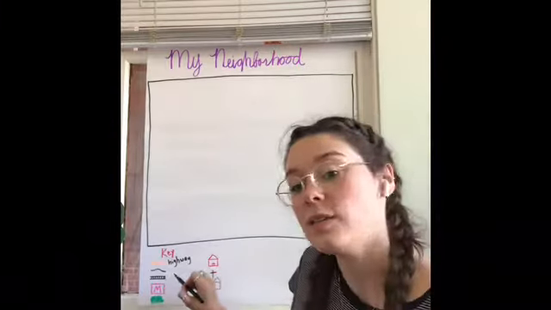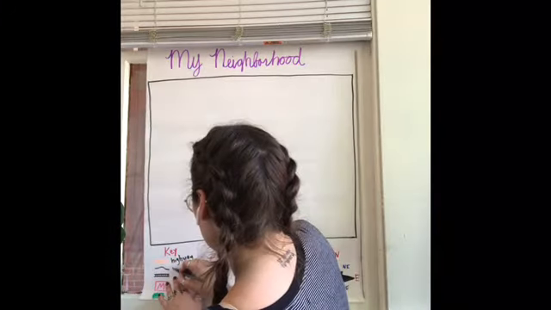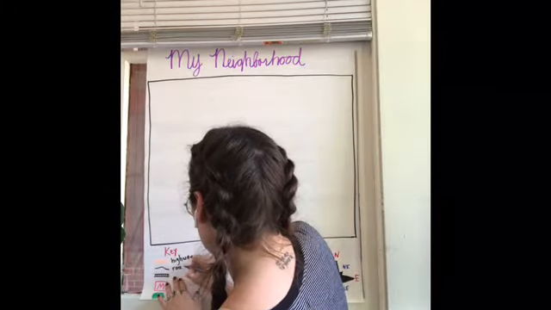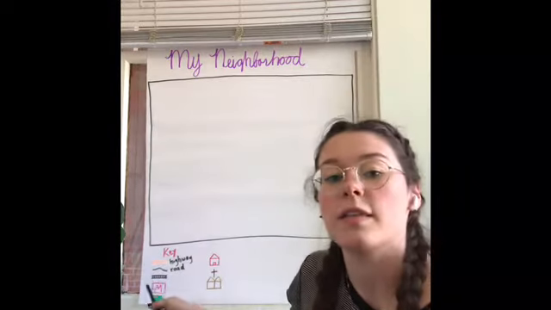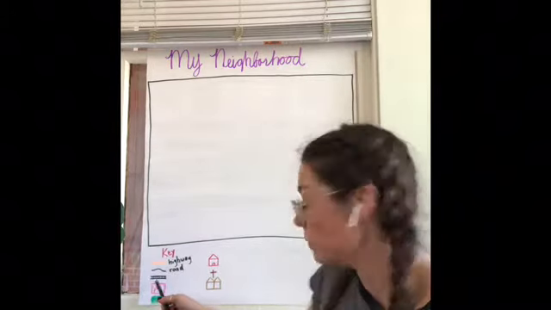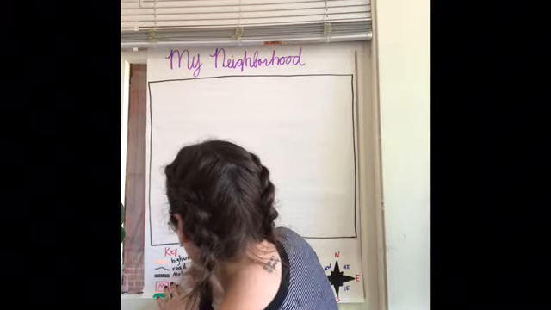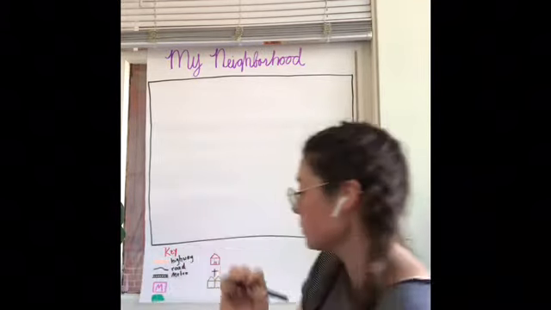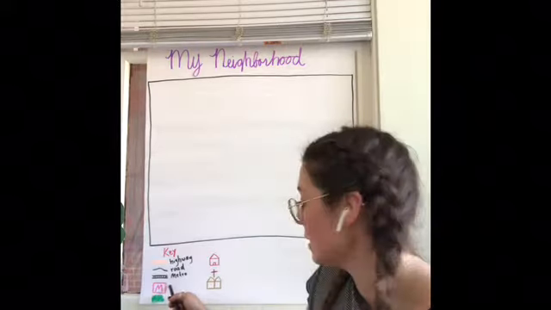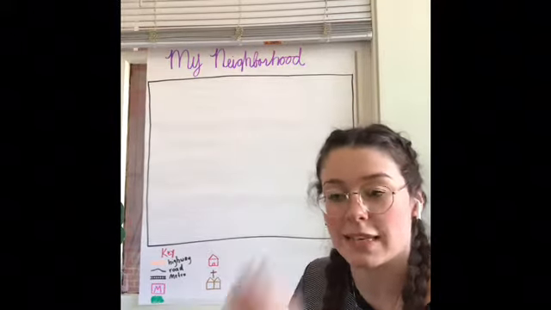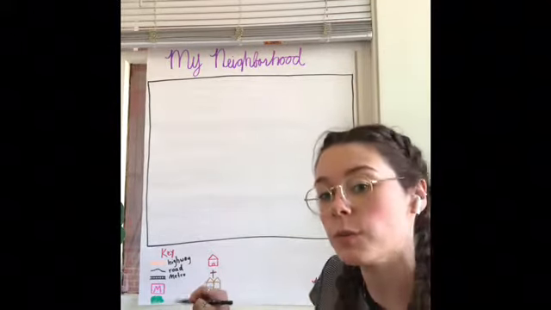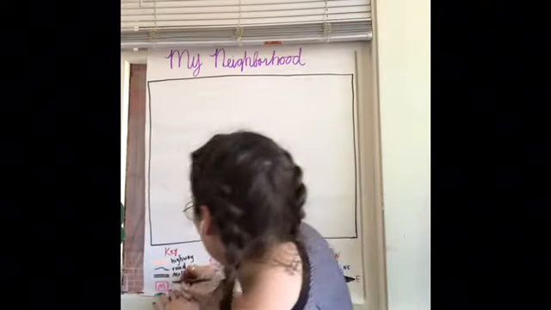The gray lines will be roads. The track is going to be the metro. The M with the box in it is going to be a museum, because I live in the museum district, so I have quite a few museums right around my house.